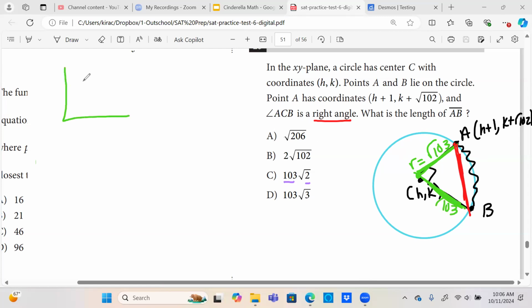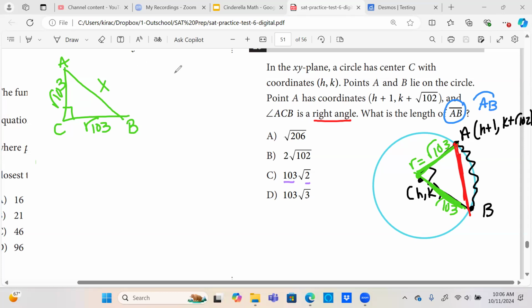So if we draw this right triangle, the center's right here. Here's A. This is root 103. This is B. This is also root 103. And this would be our hypotenuse.